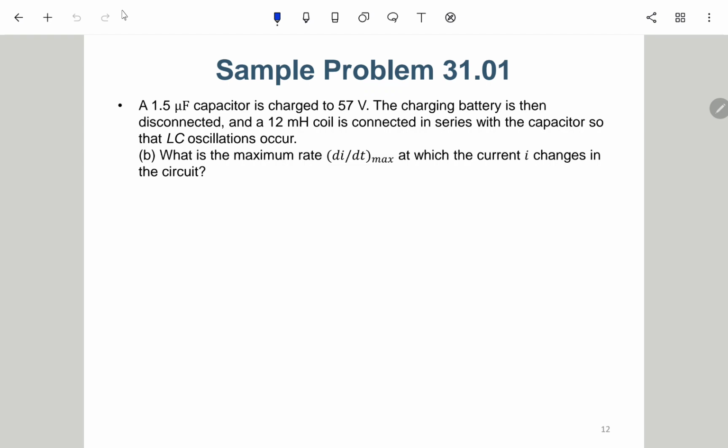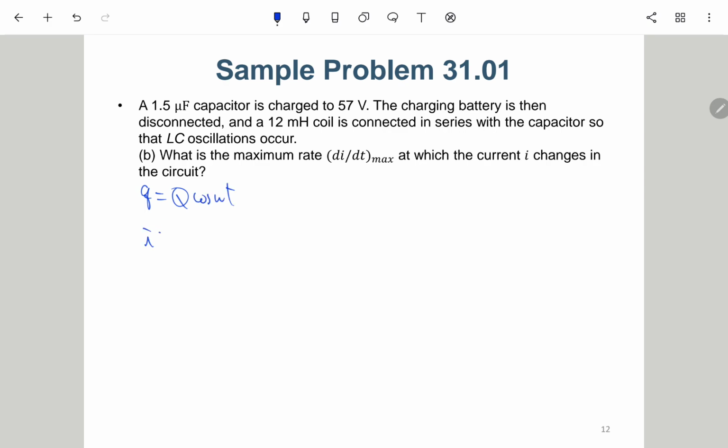For the second question, what is the maximum rate dI/dt max at which the current I changes in the circuit? Here we need to find dI/dt and then take its maximum. First we recall Q equals capital Q cosine omega t.